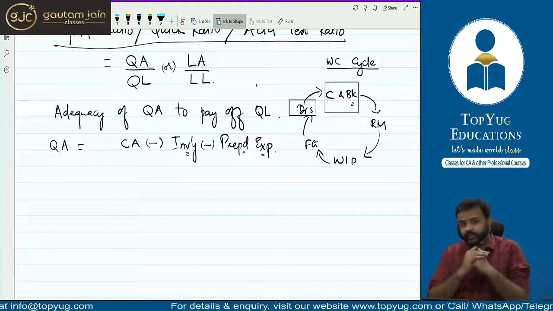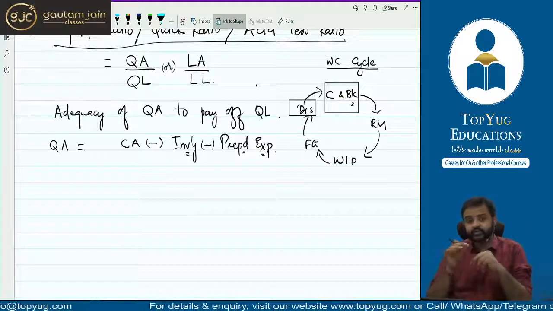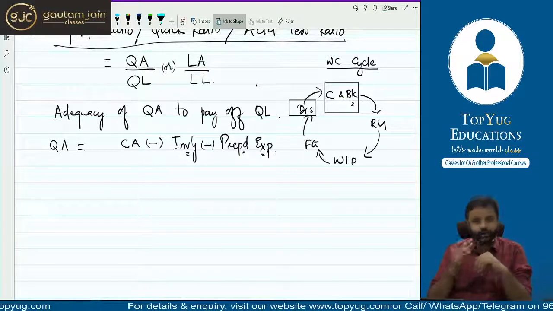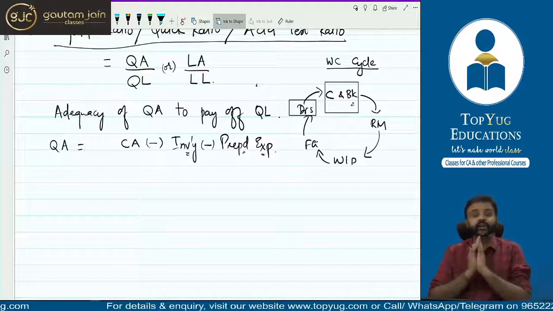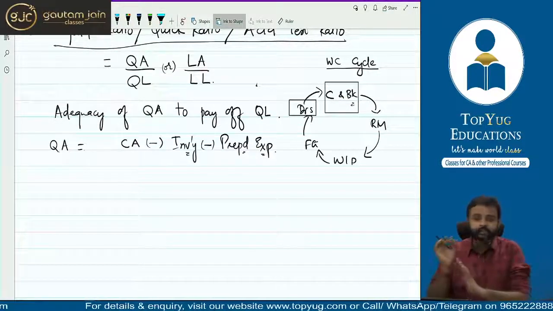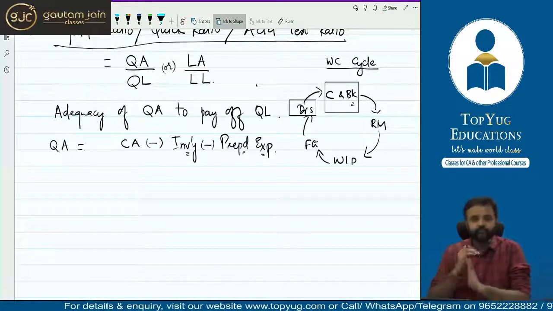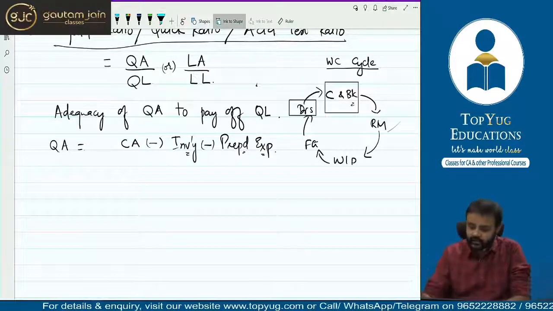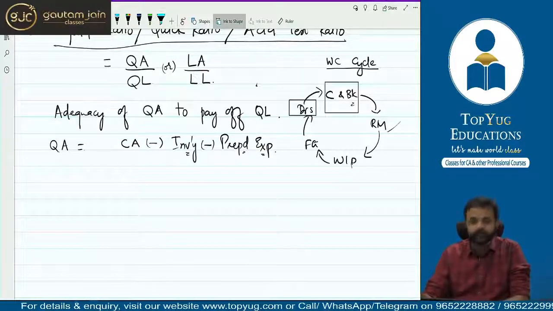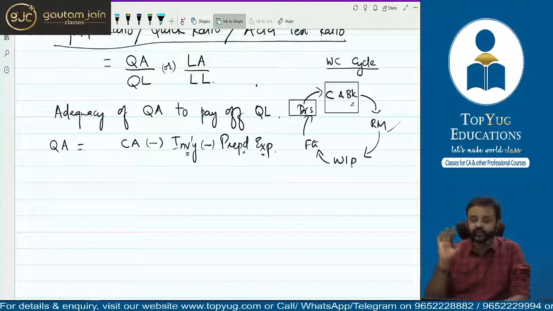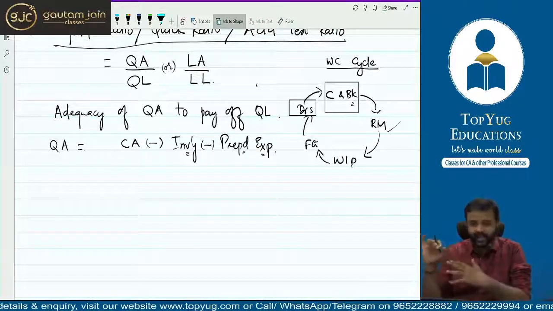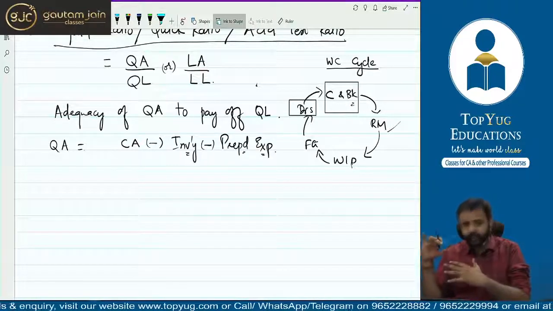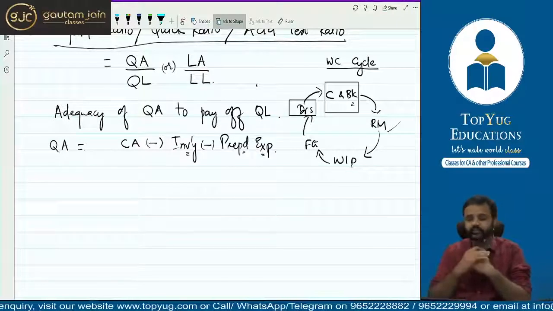What we are trying to say is that something which is closer to cash, or cash itself, is a quick asset. See, this raw material is far off from cash and bank, this WIP is far off, and this finished goods is also far off. That means it will take more time for raw material, WIP or finished goods to get converted to cash.